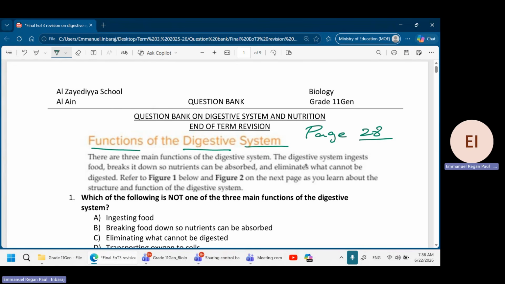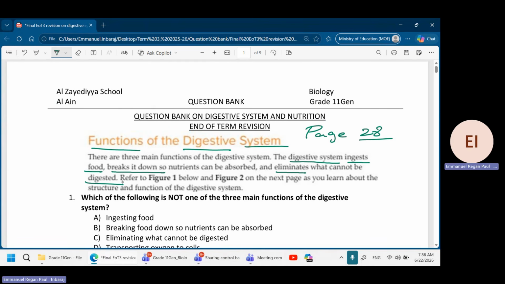Functions of the digestive system. So let's see. What are the three major functions of the digestive system? The function of the digestive system is to ingest food. Ingest means taking in food, breaking it down, and eliminating what cannot be digested.